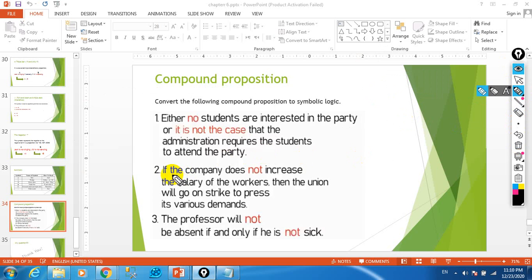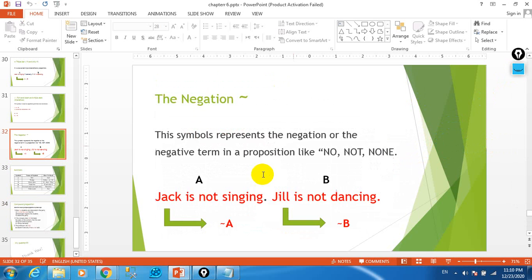So first we have this complete statement, the salary of the workers. Then we have the condition and then the next proposition.